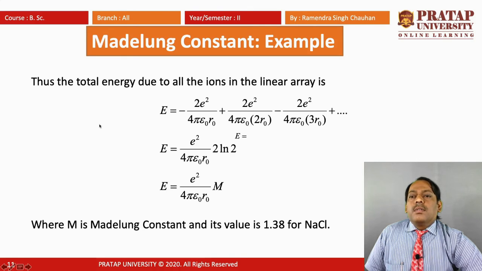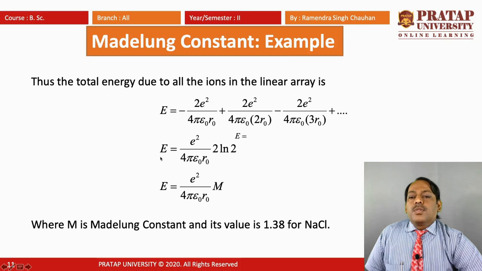Thus the total energy due to all the ions in the linear array, when we add up all these energies, will be E equal to minus 2E square upon 4 pi epsilon naught R naught plus 2E square upon 4 pi epsilon naught 2 R naught minus 2E square upon 4 pi epsilon naught 3 R naught plus so on.